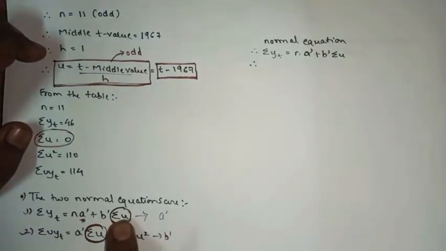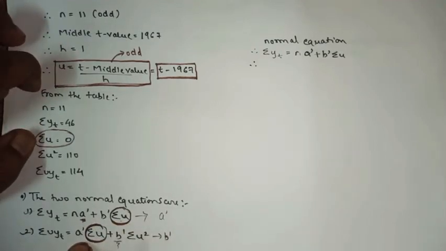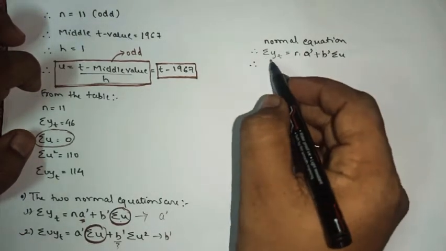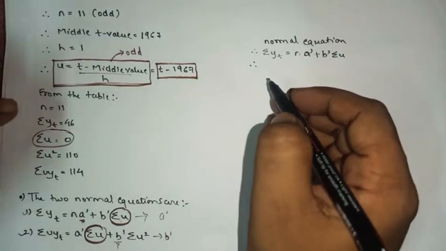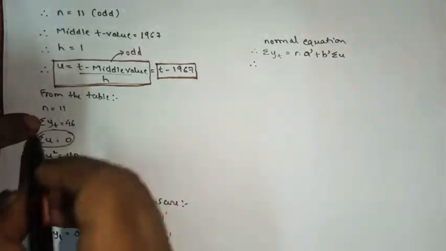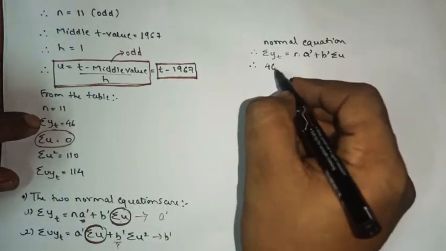In the first case, when you apply the first formula, you will get the value of a dash. In the second, you will get the value of b dash. Yes or no? As I explained, when you replace total of u by 0, here you will get a dash and here you will get b dash. So let's see. Total of yt is 46.